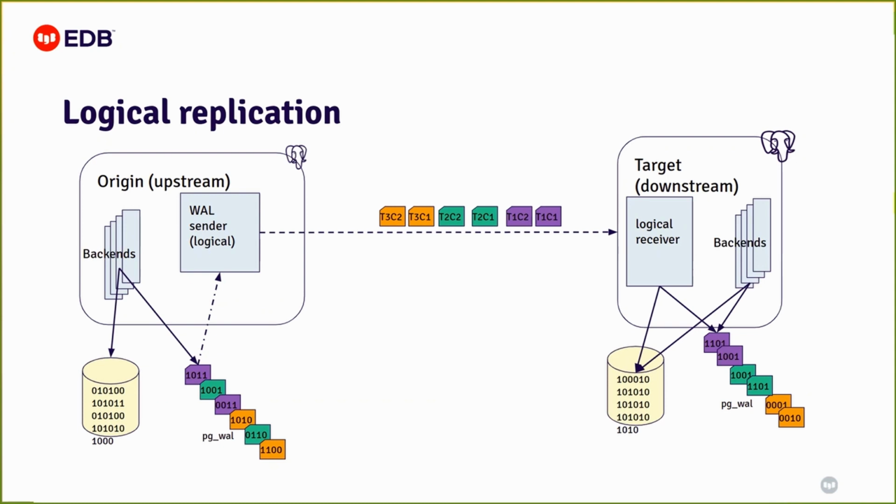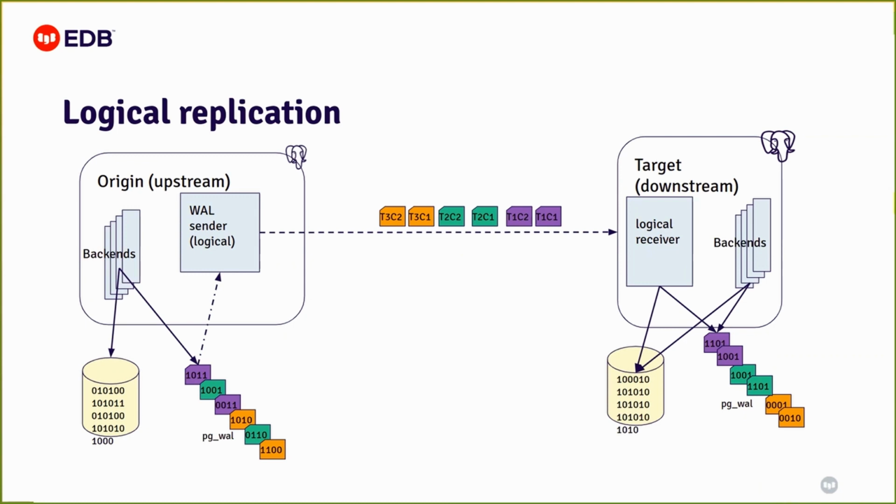And that is because though the logical changes are applied as they are logically, the underlying physical changes may differ between upstream and downstream, and that results in different WAL streams.